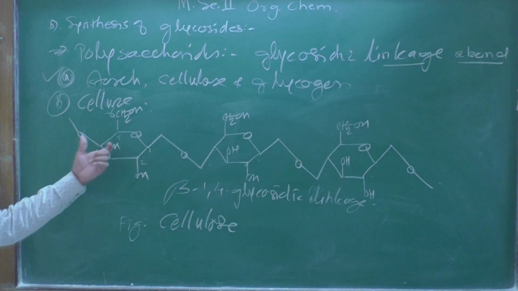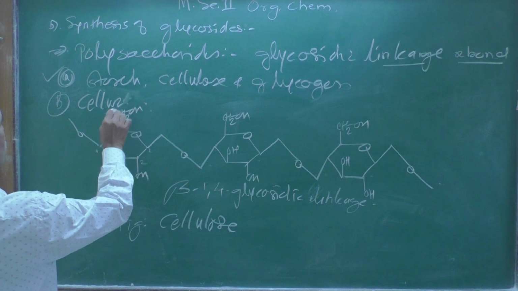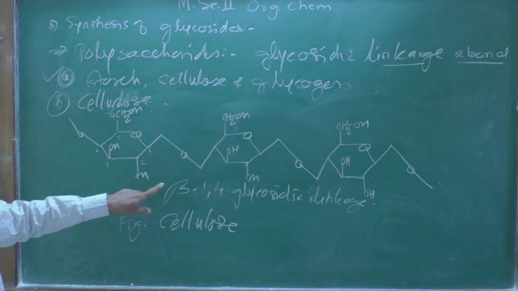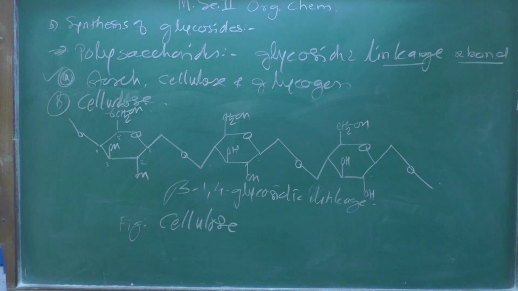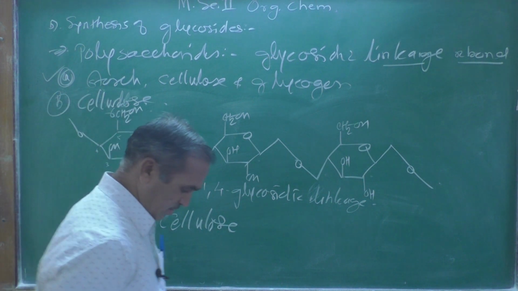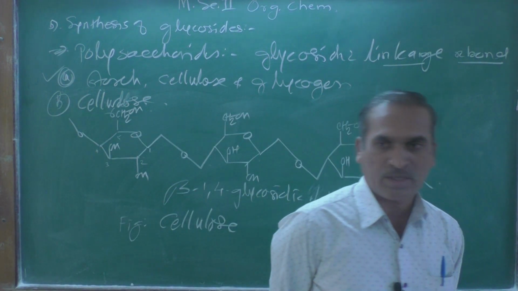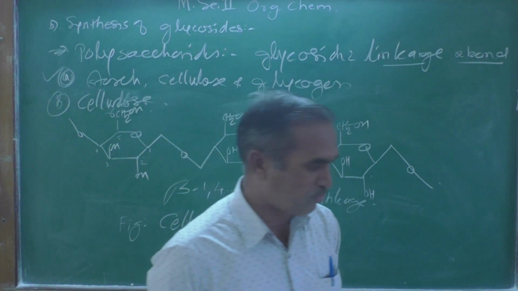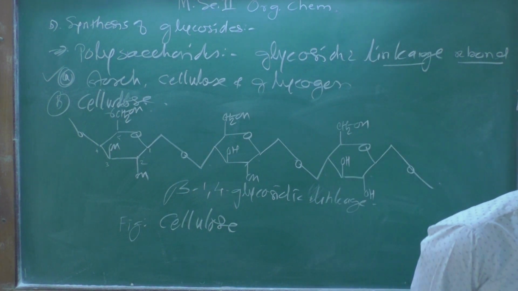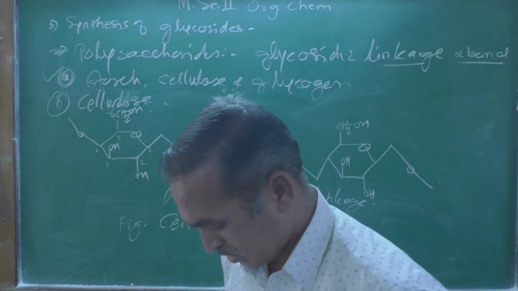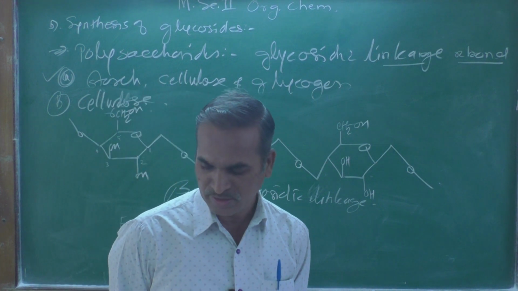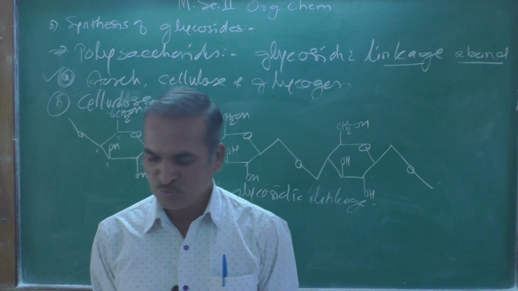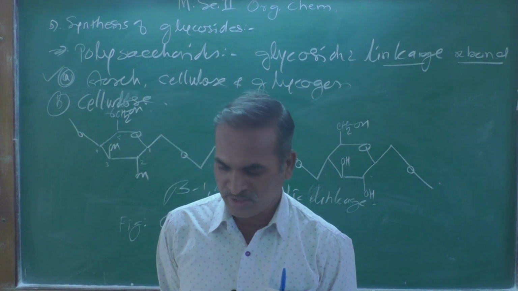If you see the structure of cellulose, you will find a beta 1,4 glycosidic linkage is present, and the enzyme for this type of linkage is not present in human beings, and therefore human beings cannot digest cellulose. It serves as the fibrous content of food, useful for bowel movement. So that is about that.